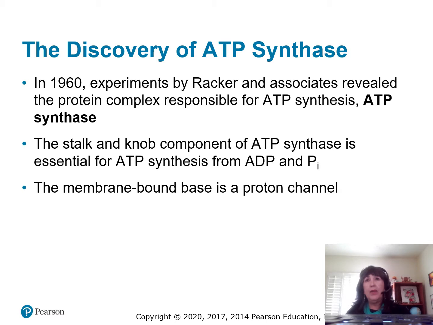Okay, so how is it that we're actually going to synthesize these ATP? Well, there's one other thing that's embedded in the inner membrane besides complexes 1, 2, 3, and 4. The fifth thing that's embedded is ATP synthase. So what is ATP synthase?